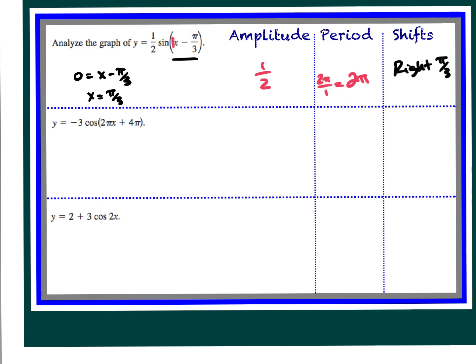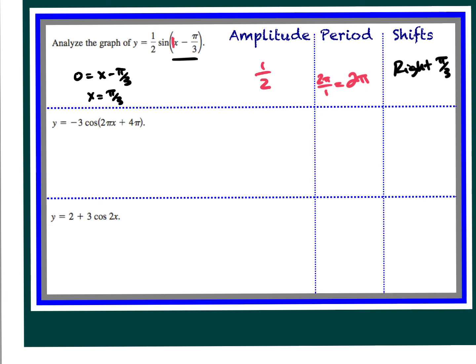Let's look at this next one. This is probably close to how hard it might be. We've got y equals negative 3 cosine of the quantity 2 pi x plus 4 pi. Got it down? All right. What's its amplitude? 3.